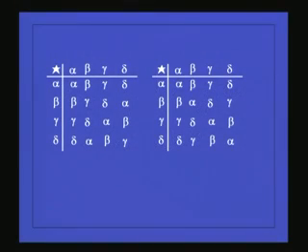So, look at these two tables. What is alpha? Alpha is the identity element. Take beta. What is beta squared? Beta squared is gamma. What is beta cubed? Beta cubed is beta squared into beta, that is gamma into beta, delta. What is beta power 4? That is beta cubed into beta.